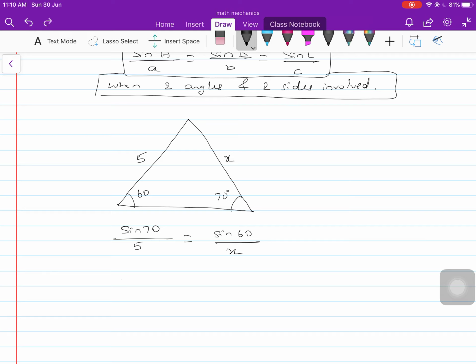So cross multiply. So x times sine 70 is equal to 5 times sine 60. The 5 will not multiply with the 60 because this is an angle inside the sine function. Okay, so get the numbers.